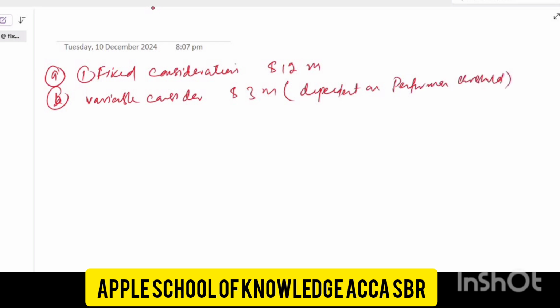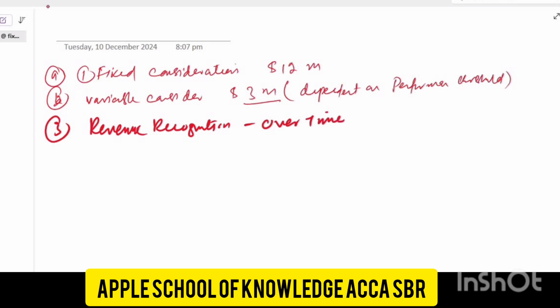So when you meet the threshold, then definitely this will be included as part of the transaction price. If not, then you will not consider this. Clear? And the third step is revenue recognition. The revenue recognition is over time because this is for the next 12 months. As the service is provided for 12 months, it will be over time.